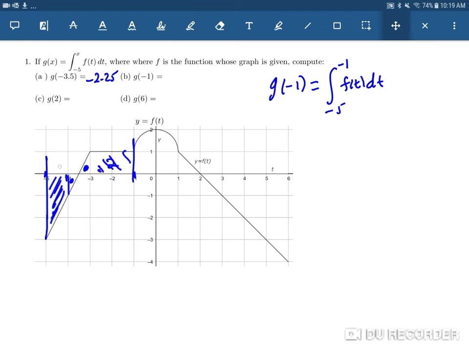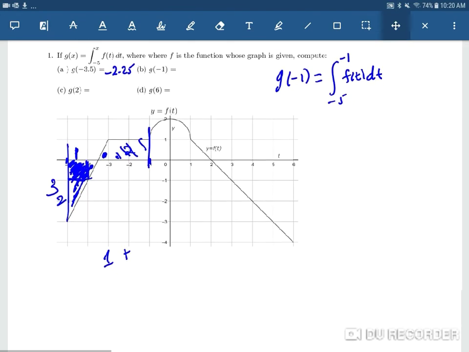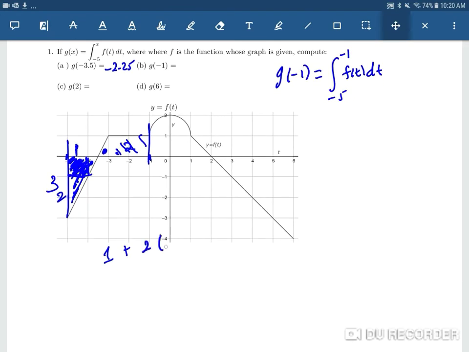All right, so this is a 1 by 3. So I will calculate this little square first. That's a 1 by 1 square, so that's 1. Then the next one is a 2 by 1 triangle. So that is 2 times 1 times 1/2, which is 1. So this gives me 2.